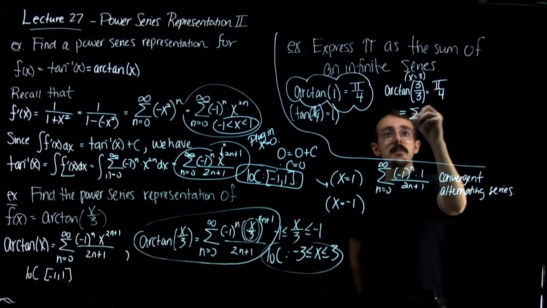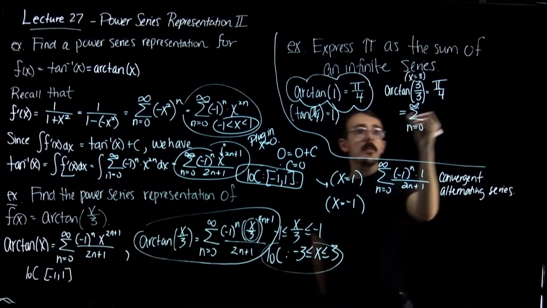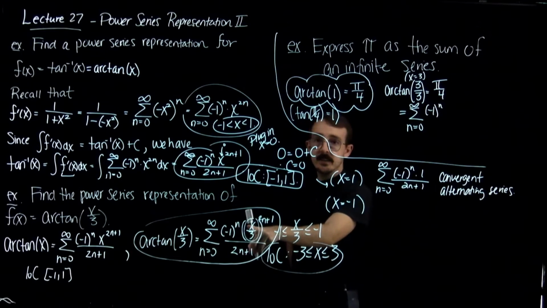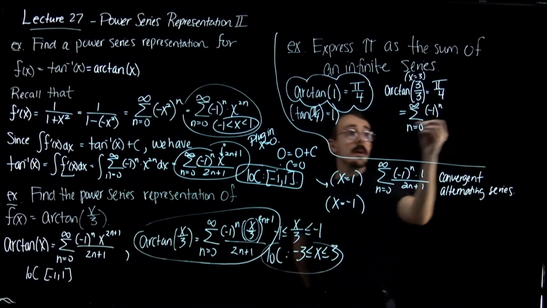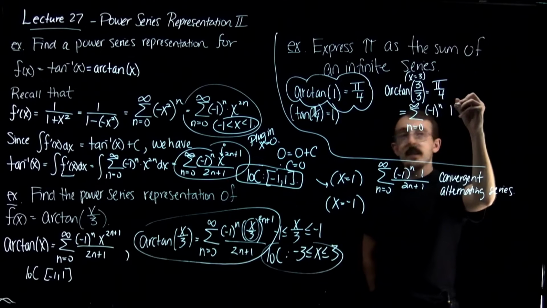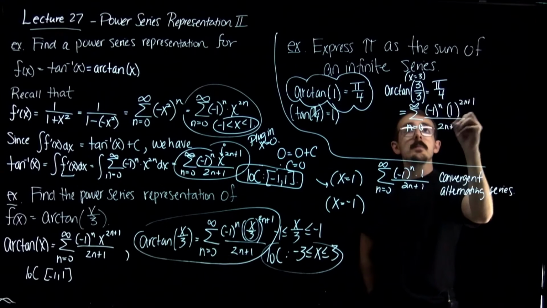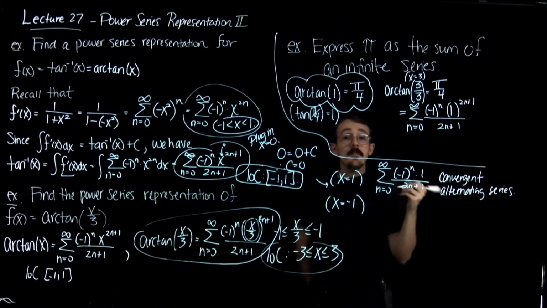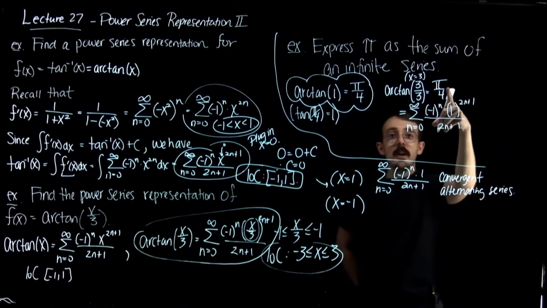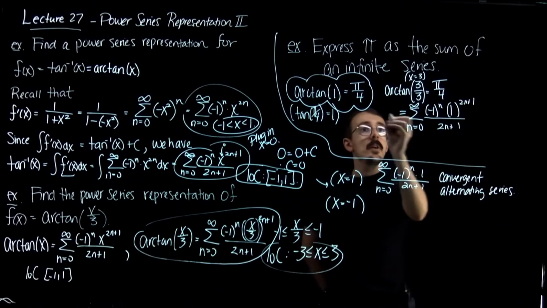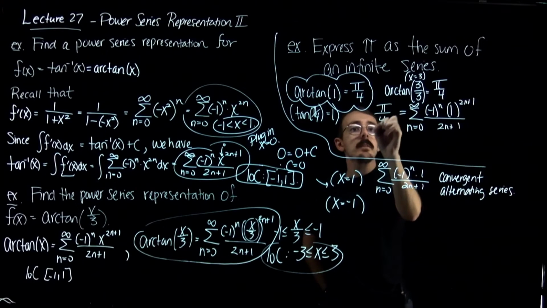So this is equal to the summation n equals 0 to infinity of -1 to the n, and now I'm going to replace this x with 3. So 3 over 3 is 1, to the 2n plus 1, over 2n plus 1. And finally, if I want to figure out what pi is as an infinite series, remember this series is equal to pi over 4.